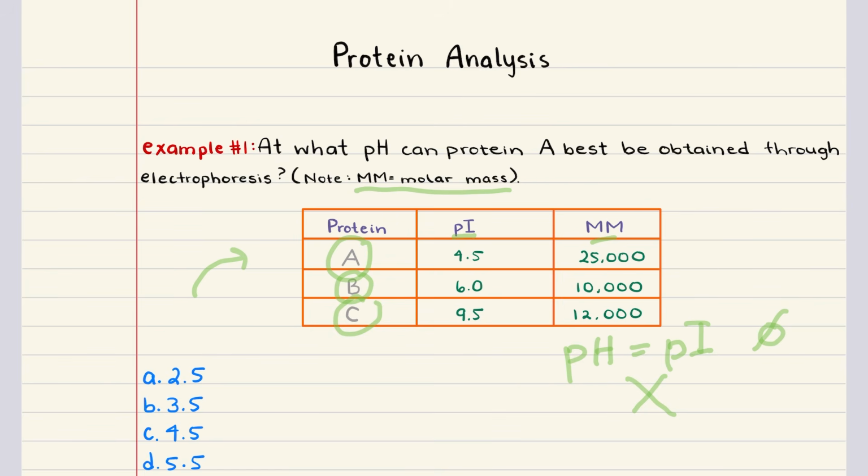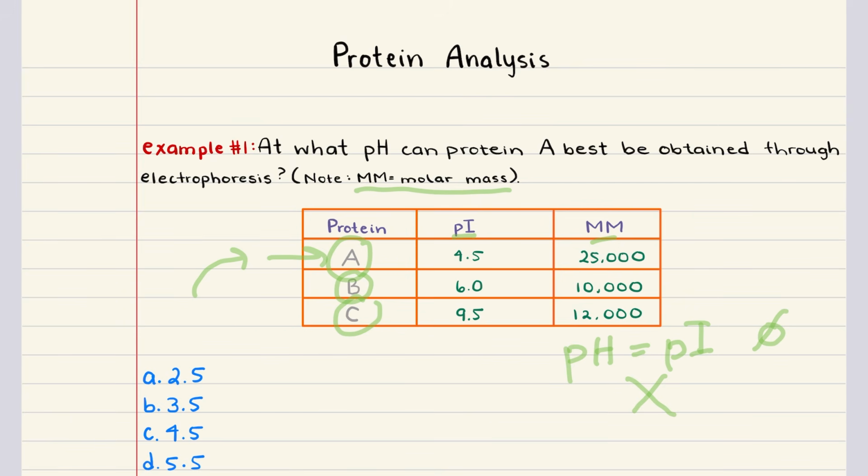So keeping that in mind, to isolate protein A using electrophoresis, we want it to be charged while ideally minimizing the movement of the other proteins. One way to do that is to adjust the pH so that protein A is charged and it migrates, while protein B and C do not move.